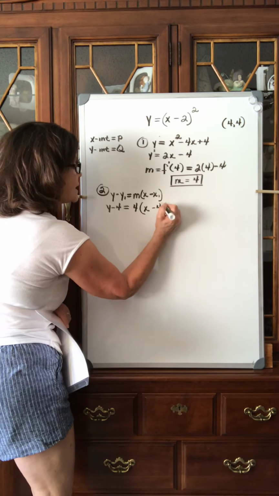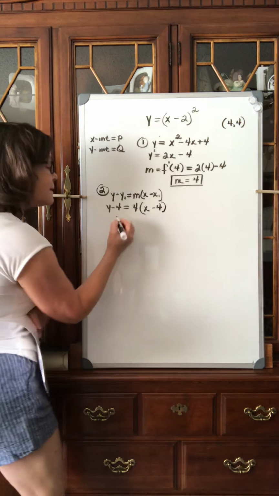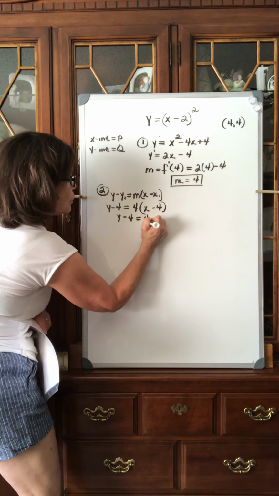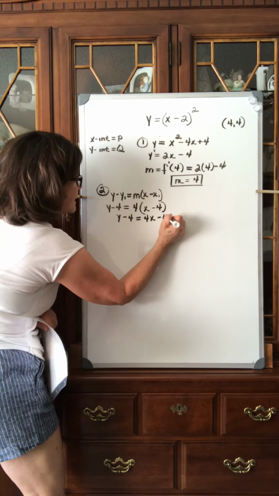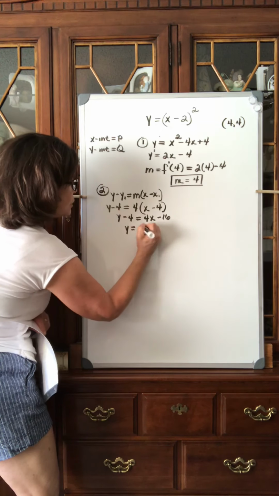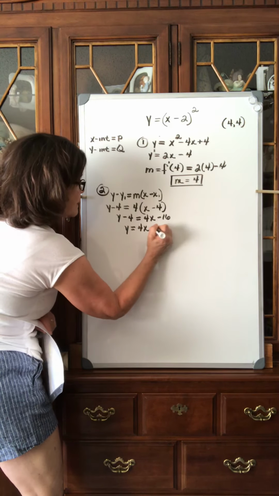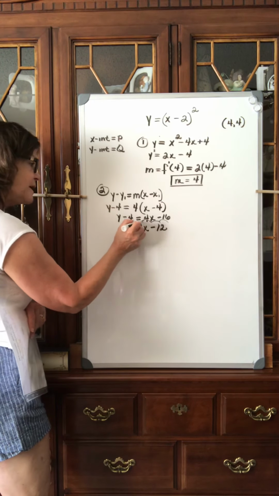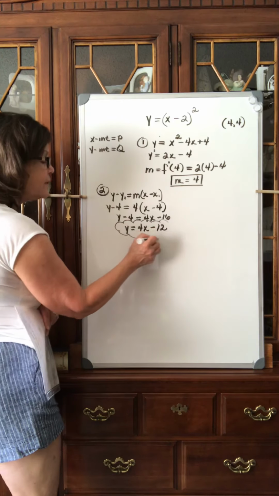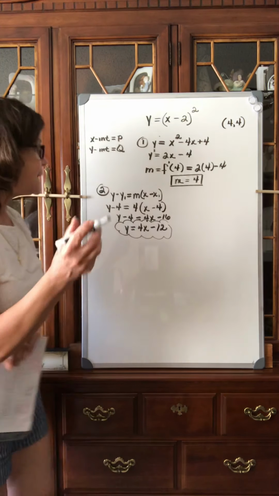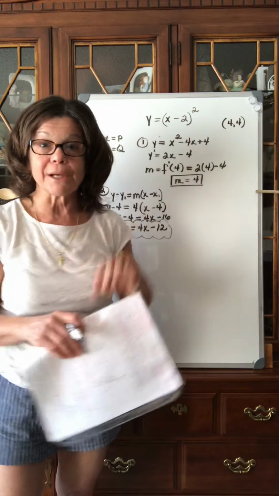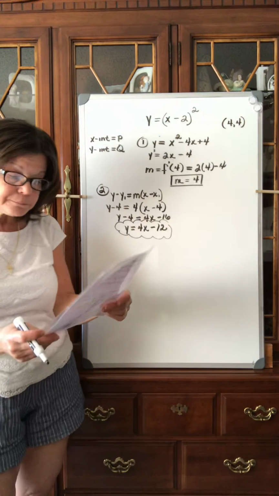It's just a coincidence that there's all 4's in this question. y minus 4 is equal to 4x minus 16. y is equal to 4x minus 12. So this equation right here is the equation of the line that's tangent to this parabola at this xy ordered pair. So that's what we've done so far.